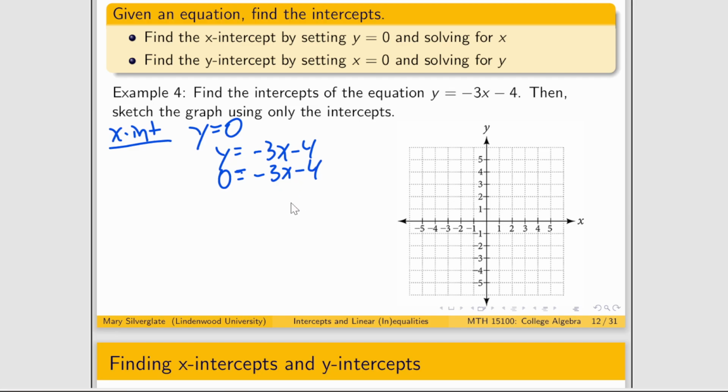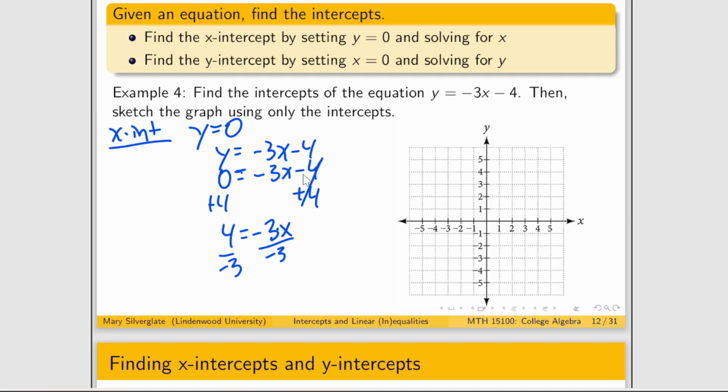I want to undo any addition or subtraction first, so I undo subtracting 4 by adding 4 to both sides. So I get 4 equals negative 3x, and that is my last step. Remember that negative 3x means secretly negative 3 times x, so I get rid of multiplying by negative 3 by dividing by negative 3.